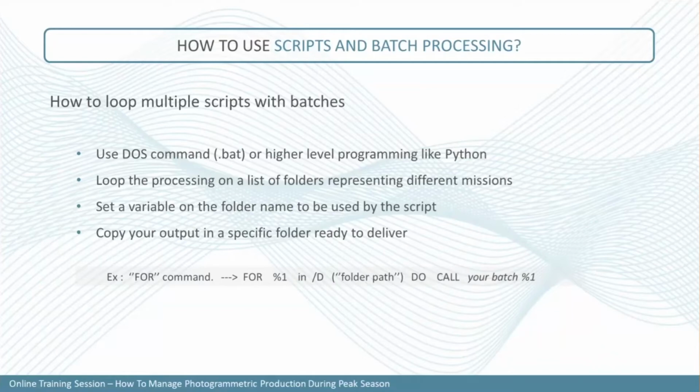And here, the %1 is set as a variable. Every time a loop is done, this variable will change. So on the first iteration, it will be project number 1. On the second iteration, it will be project number 2, and then on the last iteration, it will be project number 3. So let me see how it looks.